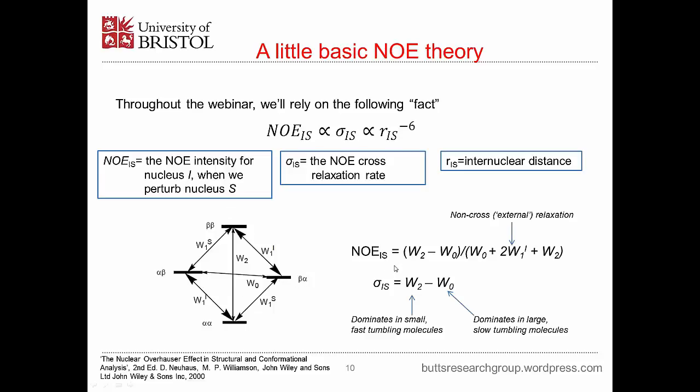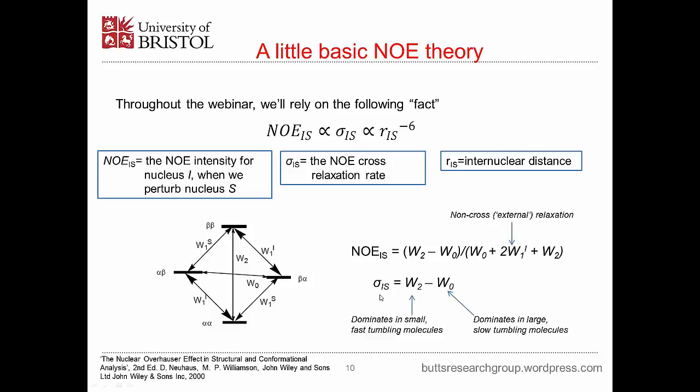And the NOE intensity is proportional to that term, W2 minus W0, they oppose each other, but divided by a sum of W0 and W2 plus twice the single quantum transition. And the problem with this, with the assumption with my equation at the top there, is it ignores W1, which is external relaxation effectively. That is the normal old nuclear relaxation that we expect to see during an NMR experiment.